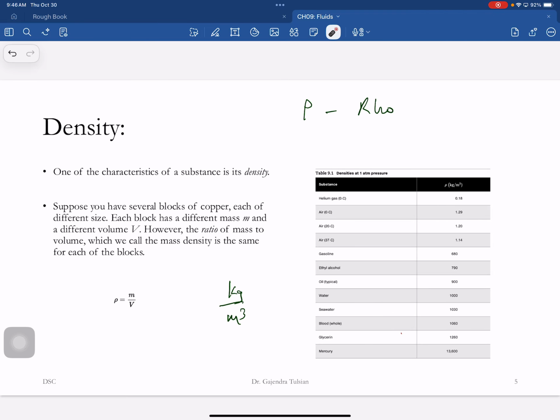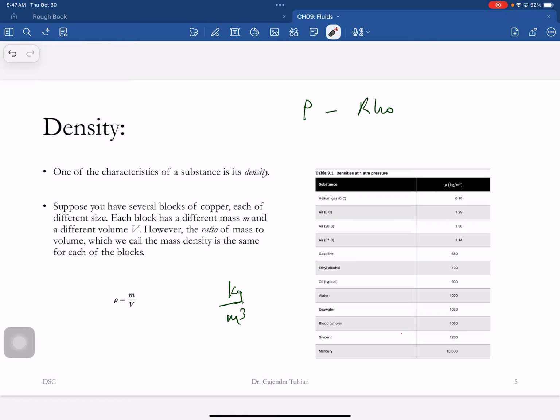This much water weighs as much as a small car. This much iron would weigh 10,000 kg per meter cube, 10 times as much. So the density of a liquid is 1,000 times greater than the density of a gas. The density of a solid is about 10 times greater than the density of a liquid. Roughly.